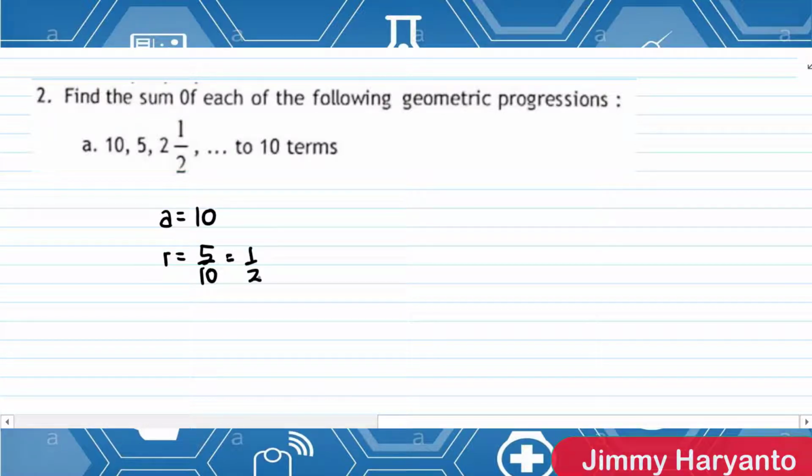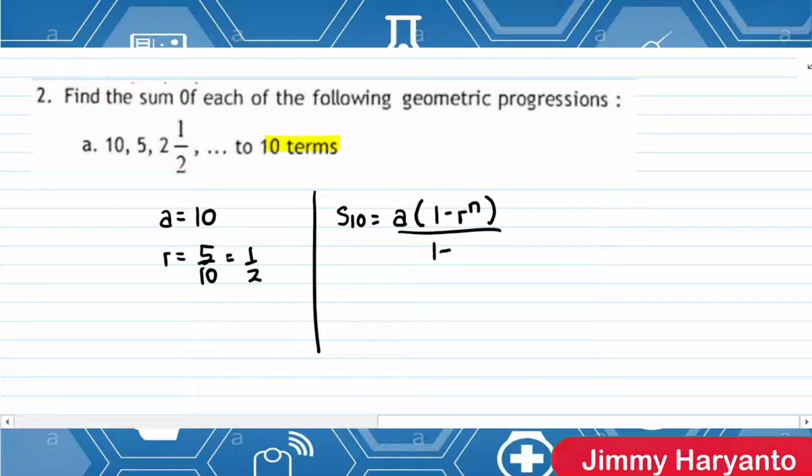And then the question wants us to find the sum until the 10th term. That means the first 10 terms, so S10 equals a times, since the ratio is half, we will use this one, 1 minus r to the power of n over 1 minus r. After that, let's put in a as 10, 1 minus half to the power of 10 over 1 minus half.